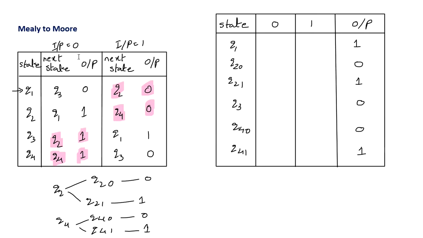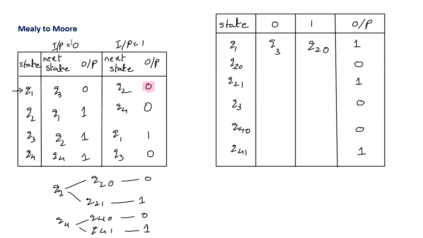Q1 on 0, it is moving to the state Q3, so we need to write here Q3. Q1 on 1, it is moving to the state Q2, but there is no Q2 state in the Moore machine. But the output here is 0, so we need to write Q20.